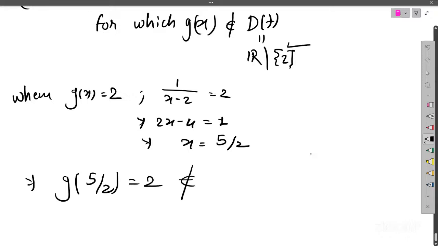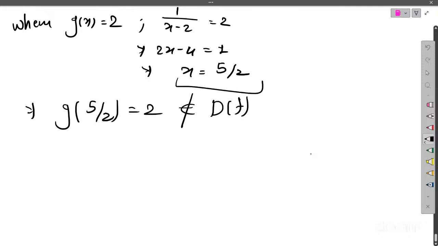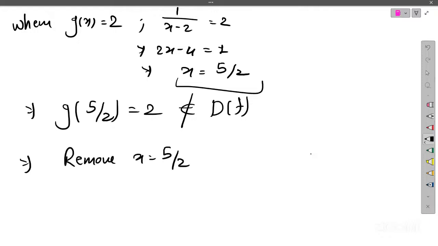And 2 is not a part of the domain of f. So that means we have to remove x equals 5 by 2 from the domain of g. And then whatever set is left, that is your domain of f composite g.